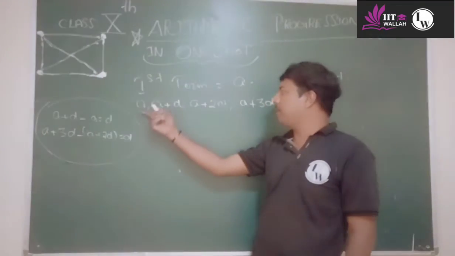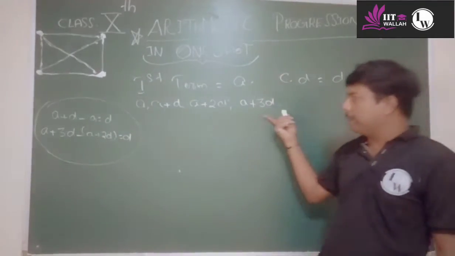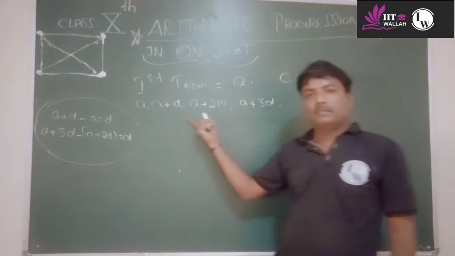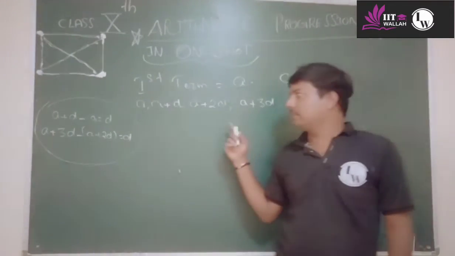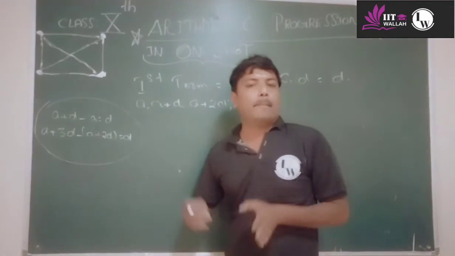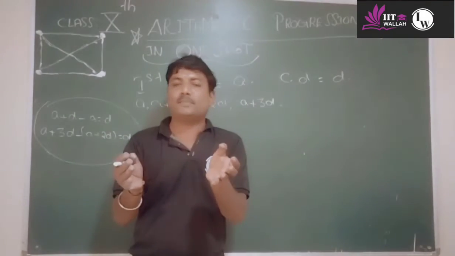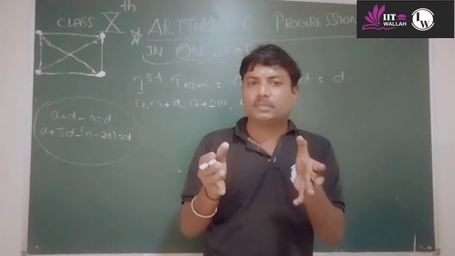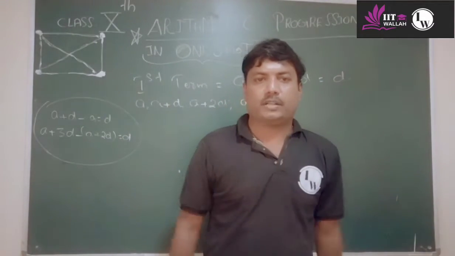And the common difference is the same. It is a constant. Not like here 2, here 3. So AP is a sequence of numbers whose difference between any two consecutive terms is a constant.